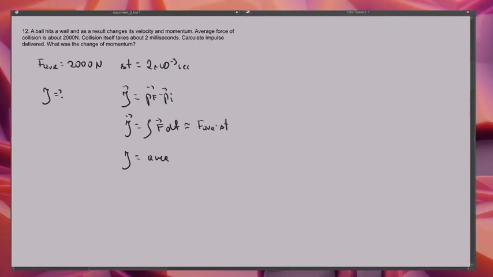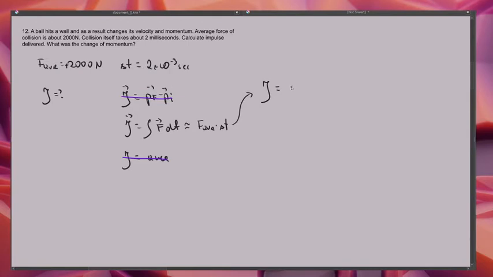Now looking at this, it's pretty clear that this one's not going to give you the answer. This one will not give you the answer, but the middle one will. So going off of this one, let's calculate J. I suppose we could say not just the magnitude, but this is constant plus 1,000, and in that sense the force points to the right. It's positive 1,000 newtons. So it's a one-dimensional case.